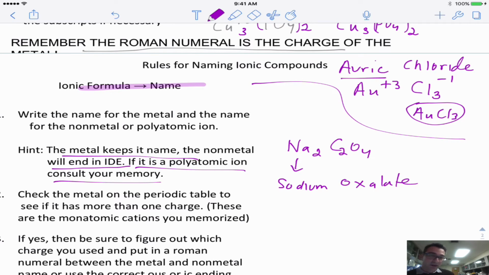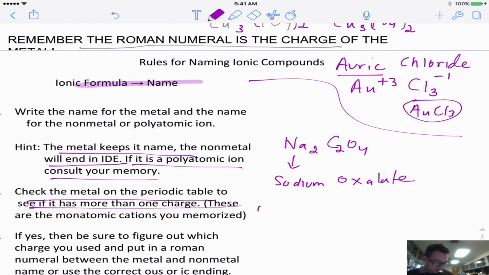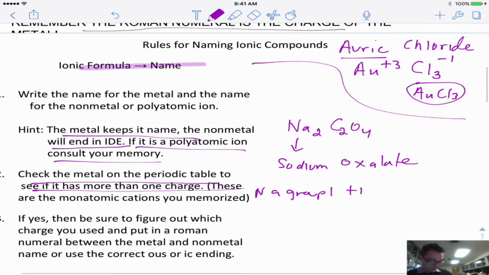Now I need to check something at this point, because I may not be done. I need to look on the periodic table, check the metal, and see if it has more than 1 charge. Well, I go to sodium. Sodium is in group 1. Group 1 is +1. If you're group 2, you're +2.